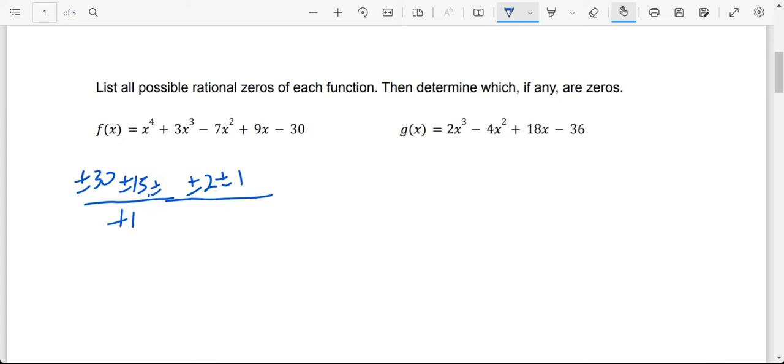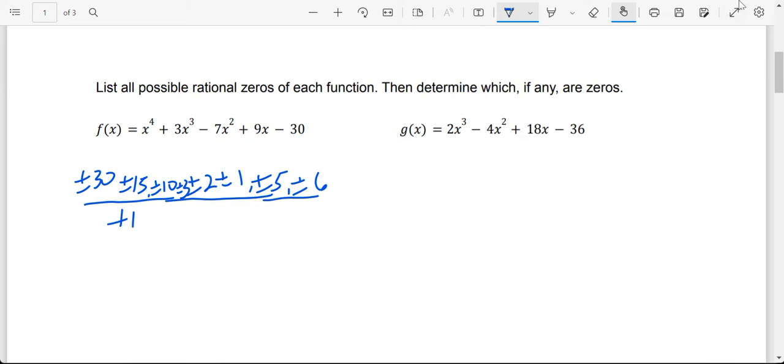Plus or minus 10 and plus or minus 3. And we have also, I ran out of space in between here. We also have plus or minus 5 and plus or minus 6. That's all of them.